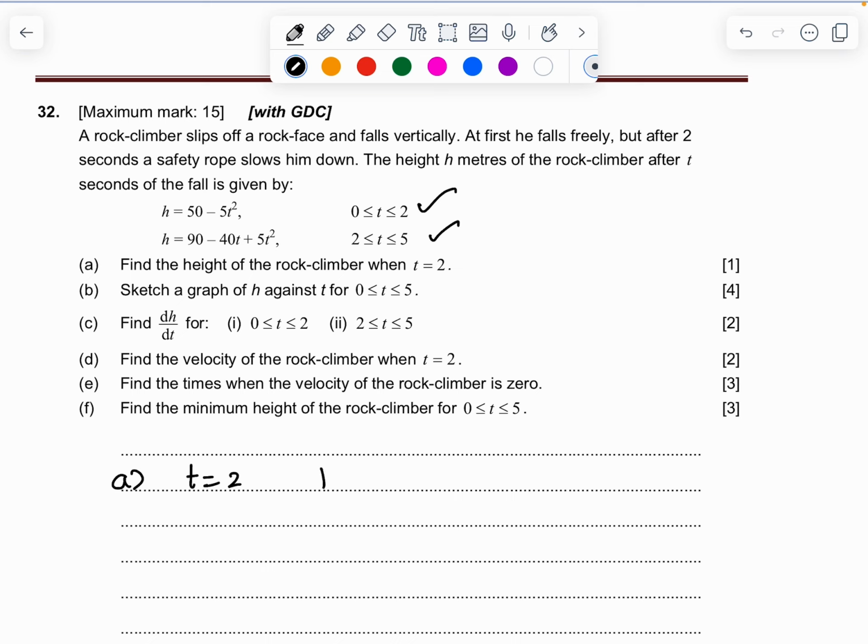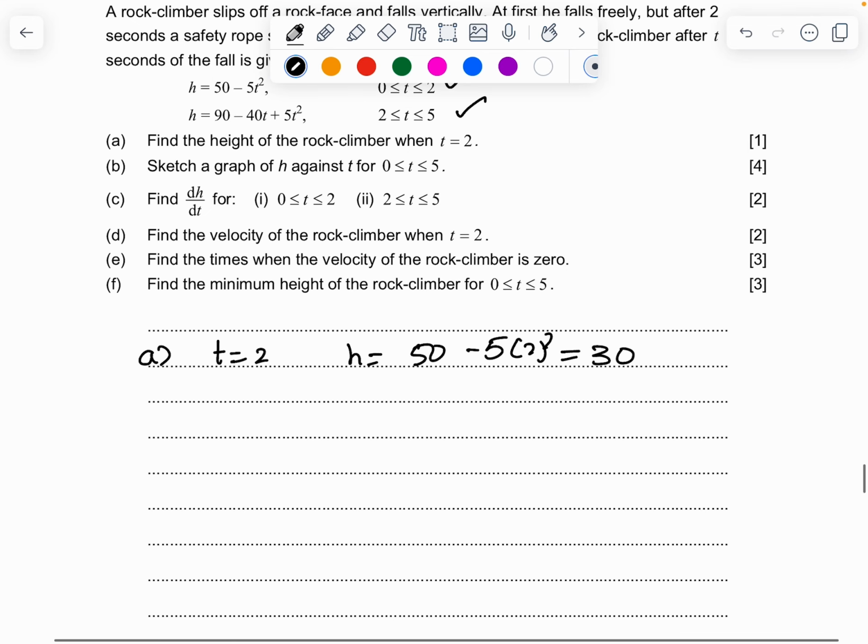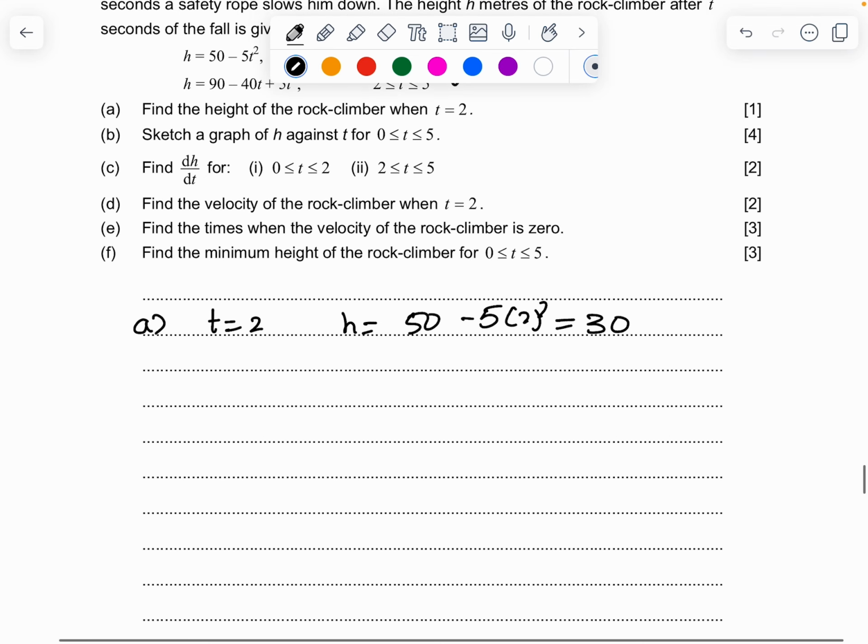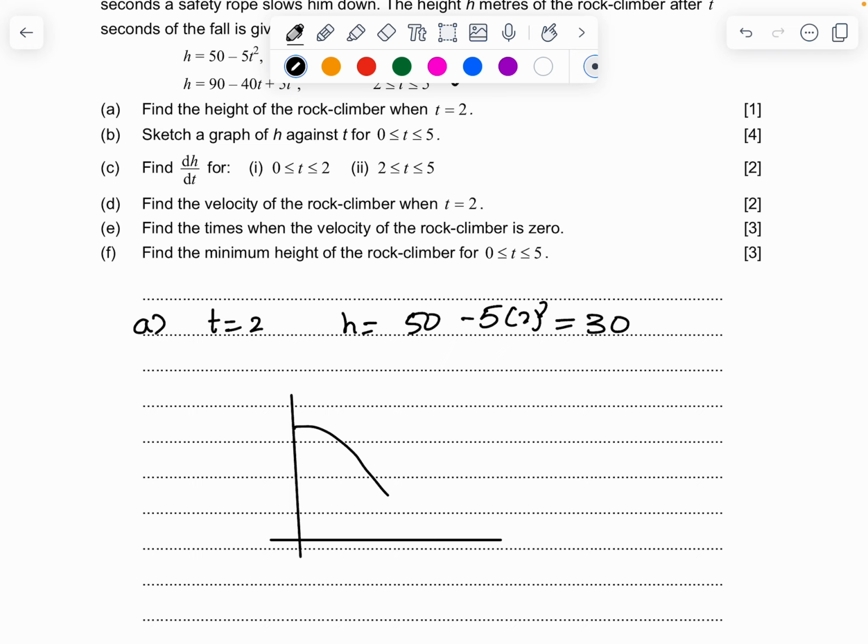When t equals 2, find the height, which is 50 minus 5 times 2 squared, which is going to be 30. Sketch the graph of h against t for 0 to 5 seconds. You can use the graphing calculator and your graph should look approximately like this.